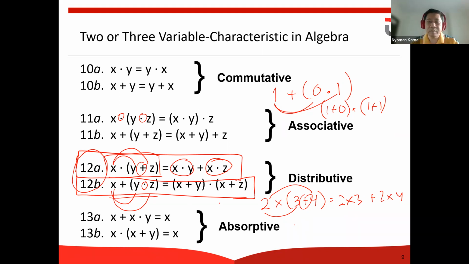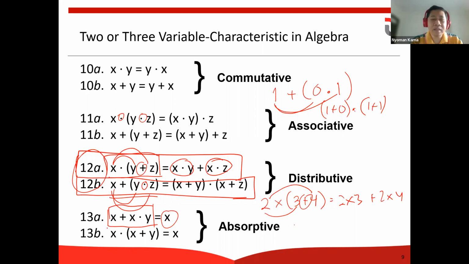Okay. Now, the next one is absorptive. This is actually a descendant of the distributive and also associative, but you can prove it later. X plus xy is actually x.